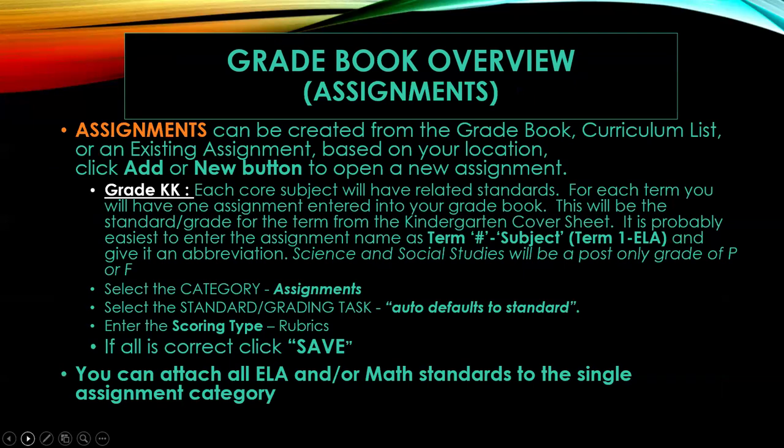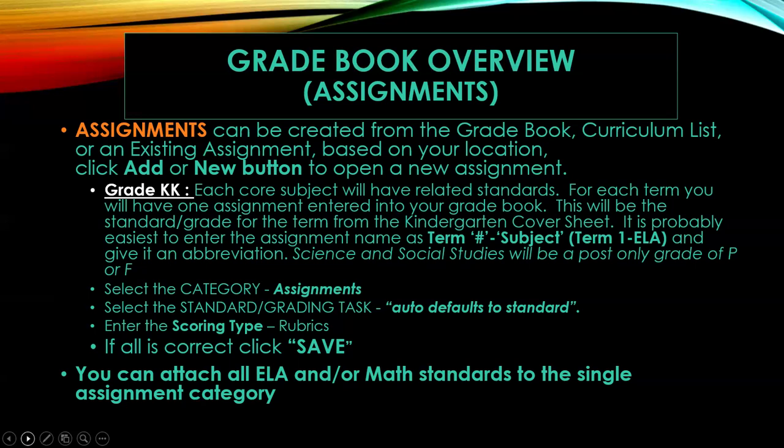This will be the standard and or grade for the term from the kindergarten cover sheet that will be provided to you by your school administrator. It is probably easiest to enter the assignment name as whatever the term is, term 1, 2, 3, or 4, and the subject, for example, term 1 ELA, and give it an abbreviation.